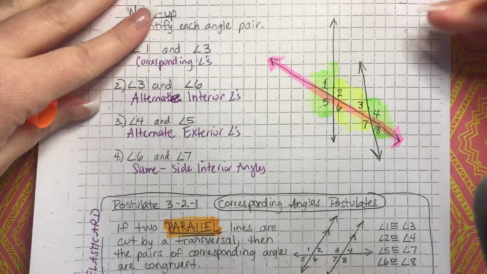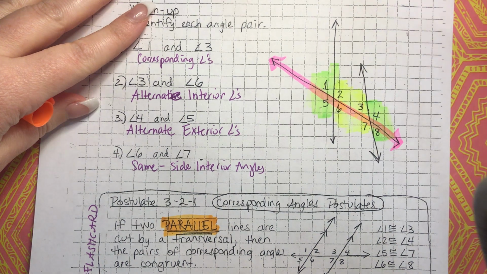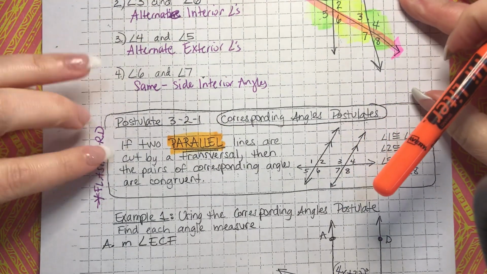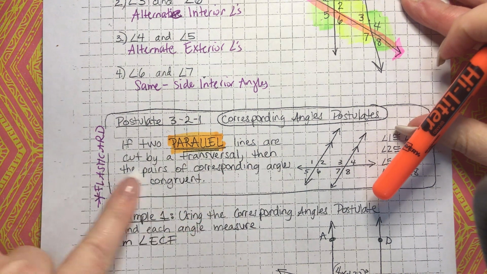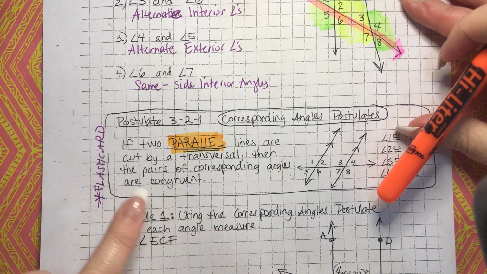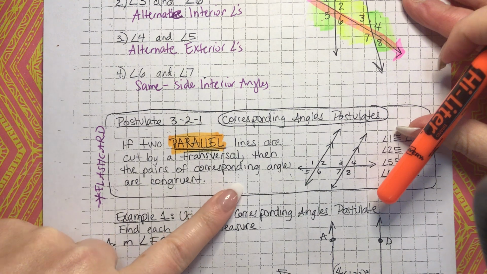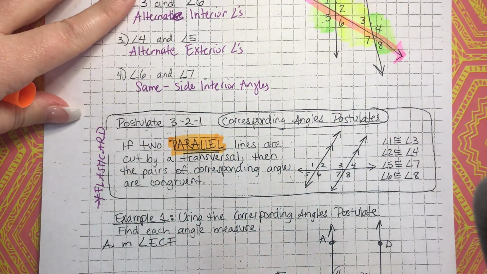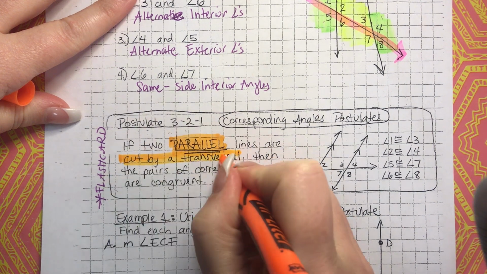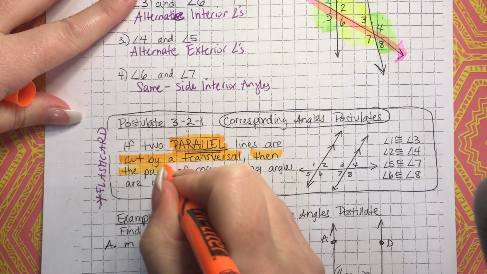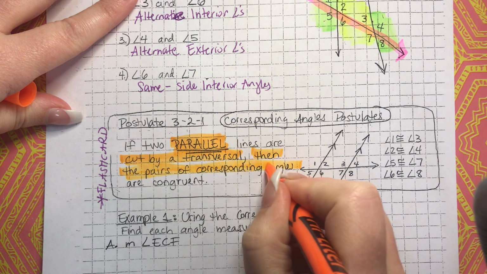So far, have we dealt with any lines that have been parallel? The answer is no. Now we are dealing with two parallel lines. So if two parallel lines are cut by a transversal, then the pairs of corresponding angles are congruent.